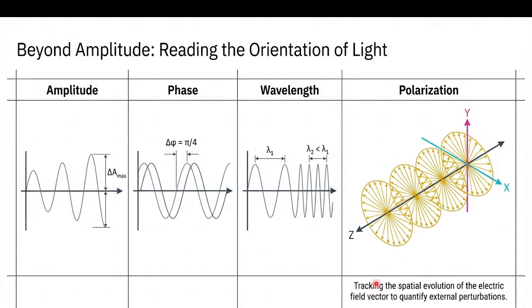Tracking the spatial evolution of the electric field vector to quantify external perturbations is the study. You can see here that the x and y axes are the oscillation of the electric and magnetic field, and whether it is circular polarized light or plane polarized light depends on various conditions, and the propagation direction is z.